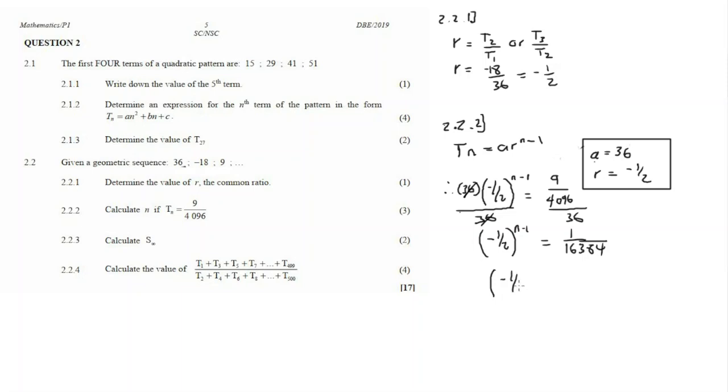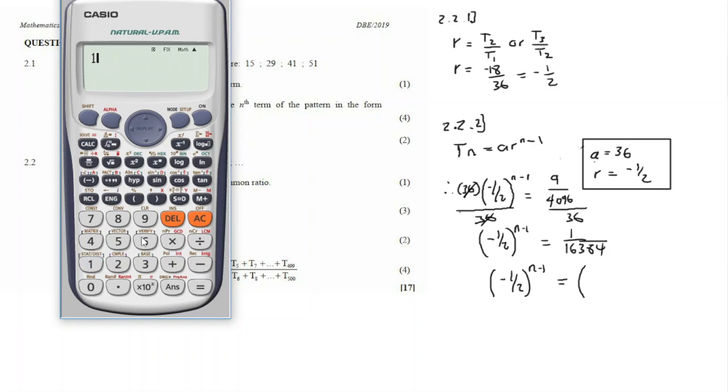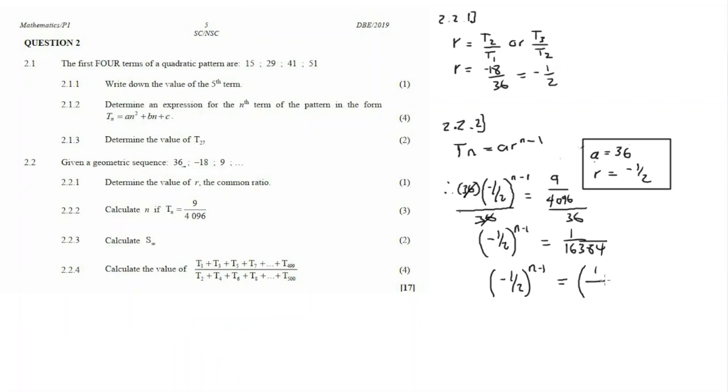So negative half raised to n minus 1 is equal to, open bracket, 16384 is equal to, as a power, we write it as 1 over 2 raised to exponent 14.